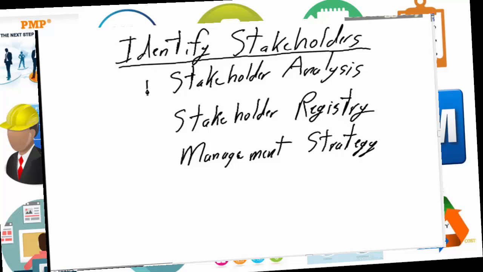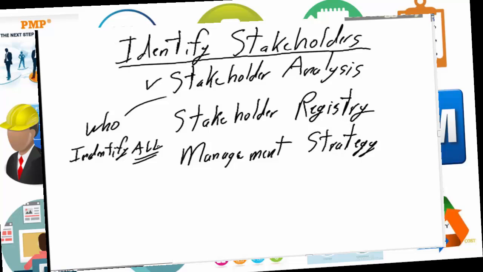Identifying stakeholders is going to consist of doing a stakeholder analysis, understanding who the stakeholders are, making sure we identify all, and I will stress the all, identify all of the stakeholders for your project.